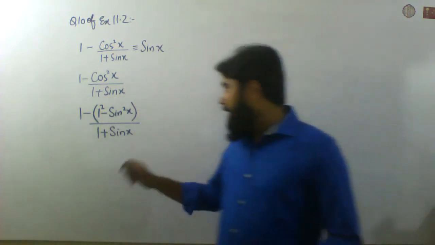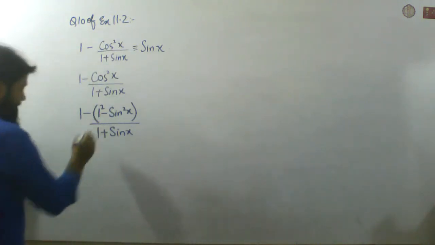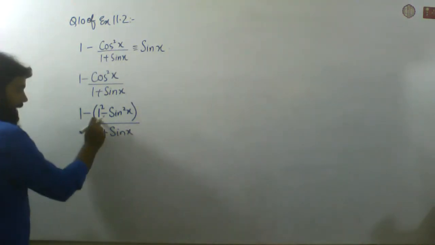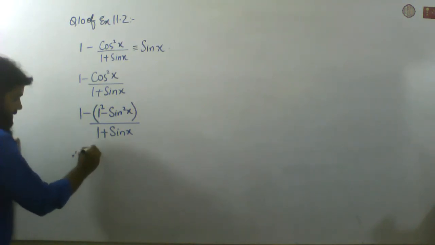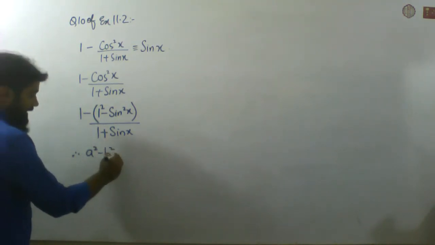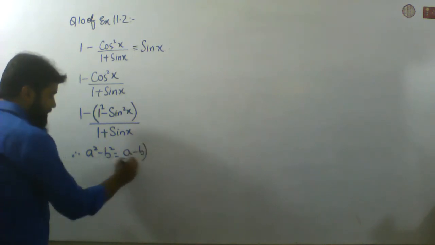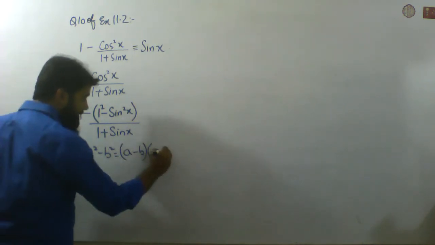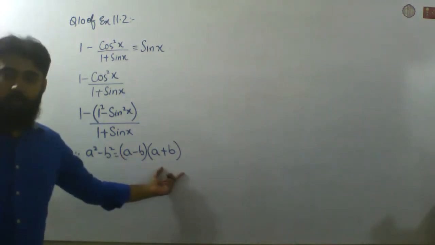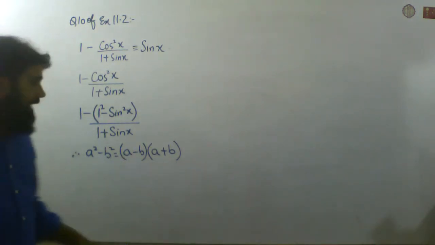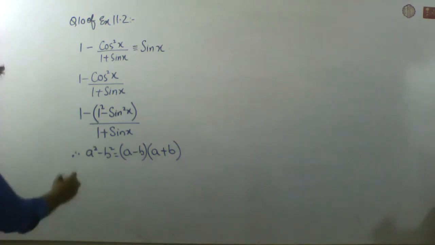Okay. So now what I'm going to do after that, I'm going to apply the a square minus b square identity, which is a minus b into a plus b. This is the identity which I am going to apply over here.